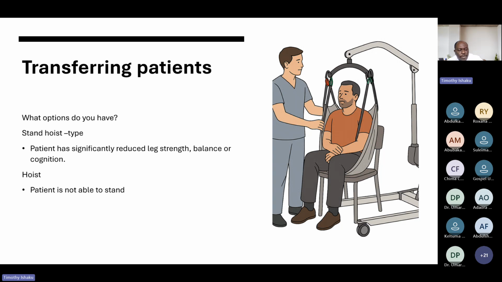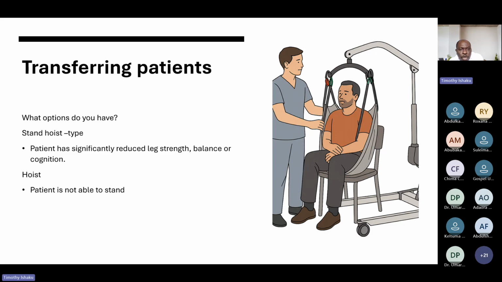And the mobile hoist is another equipment that we will demonstrate in our practical that we'll be doing in Nigeria. But for those that will not be able to attend, just to mention, the mobile hoist is for highly dependent patients.